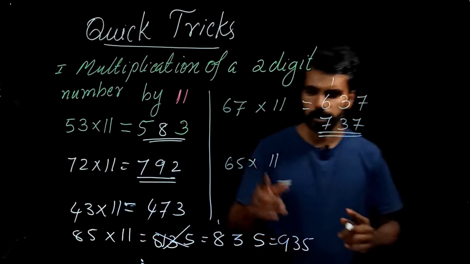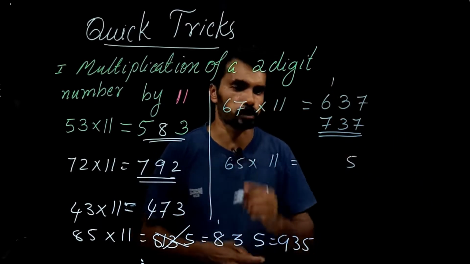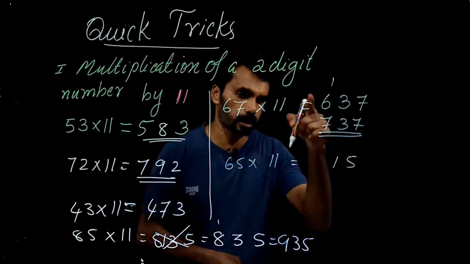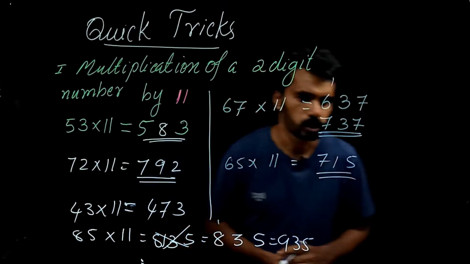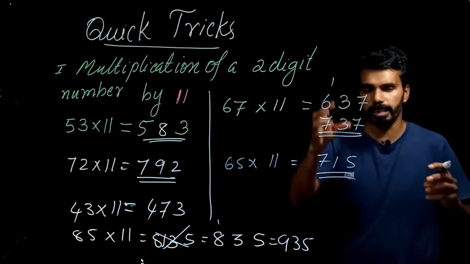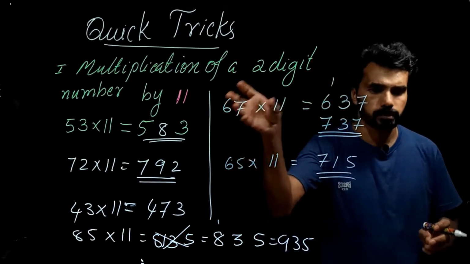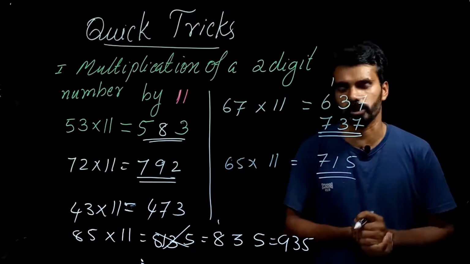The answer ends with 5, then 6 plus 5 is 11. So 1 we write, then 6 plus the carry figure 1, so 715. If you practice a little more, by looking at the question itself you will get the answer. So practice more such questions.